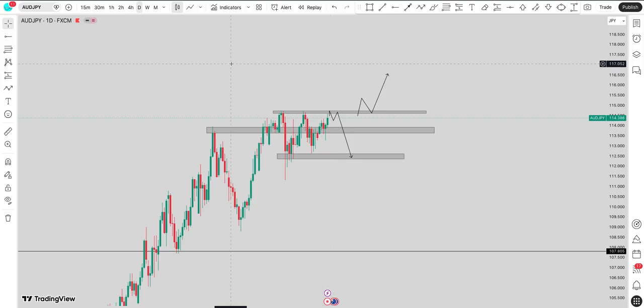On AUD JPY, I don't want to overcomplicate things. These are the simple rules I follow: either a break above this major high, or a candle wick around this level to give me a shift of structure, and then I start taking sells. These are what I'm looking for on AUD JPY.